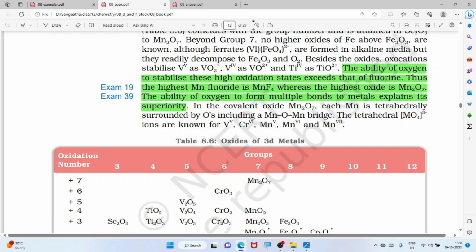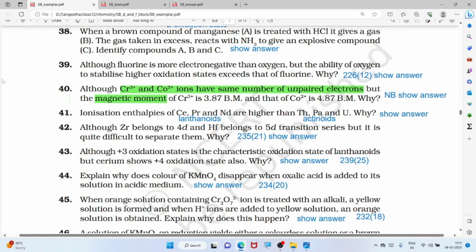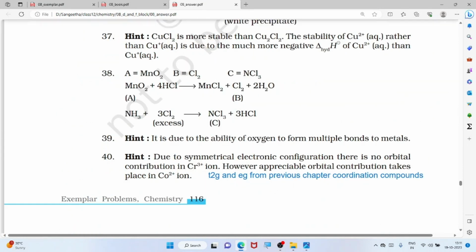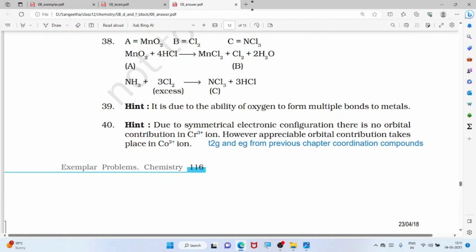Oxygen can form multiple bonds, whereas fluorine can form only single bonds.